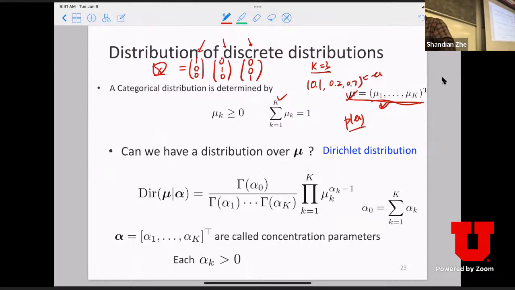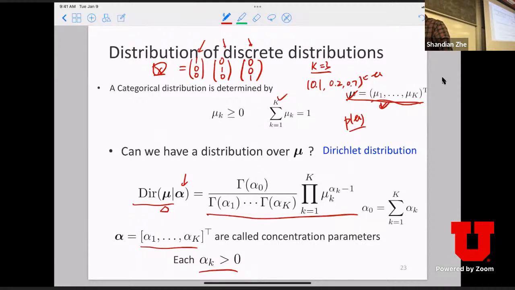So here is the definition of the density of the Dirichlet distribution. It is controlled by a k-dimensional parameter vector alpha. Of course, you have to ensure each alpha k is positive, right? Then you can sample a probability vector mu with this density.